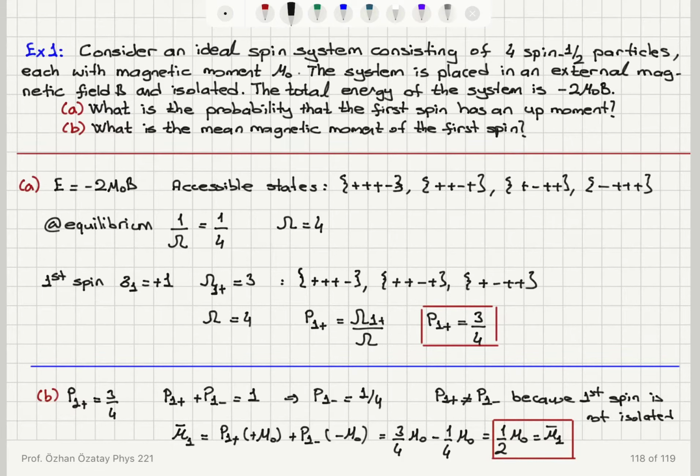It's the system of 4 spins that is isolated. So the probabilities of being up or down for the first spin are not equal, since the system is placed in an external magnetic field and the total energy is fixed. The total system of 4 spins is isolated, not the first spin.